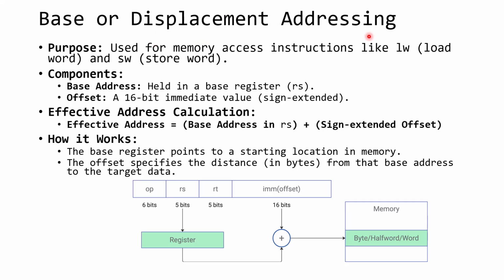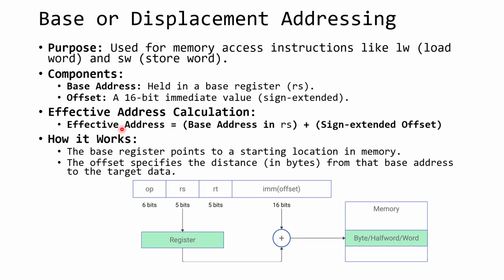The base or displacement addressing is used for memory access instructions like load word and store word, or load and store instructions. It requires a base address that will be stored inside the base register, in this case RS, and an offset, which is a 16-bit immediate value with sign extension, meaning that it can be a negative or a positive number.